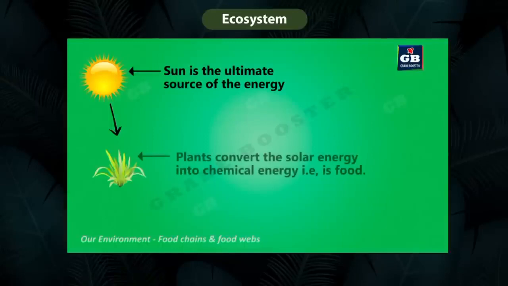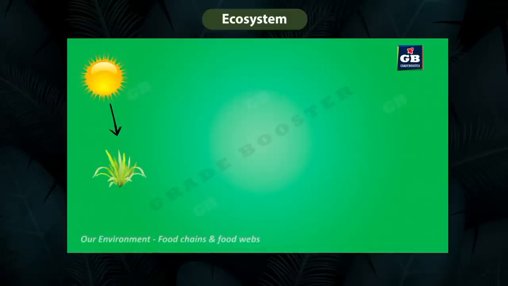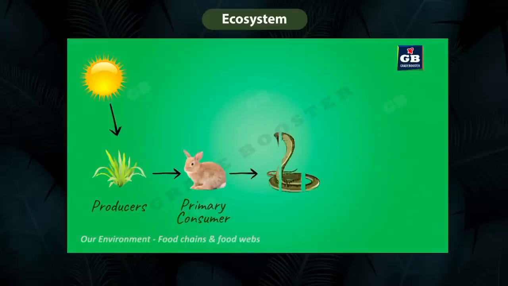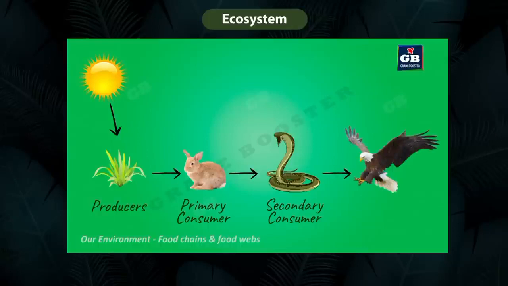Plants convert the solar energy into chemical energy, that is nothing but food. That is the reason why the plants are called producers, because they produce the food. The animals that feed on plants are called primary consumers, and the animals that feed on primary consumers are called secondary consumers. The animals that feed on secondary consumers are called tertiary consumers.